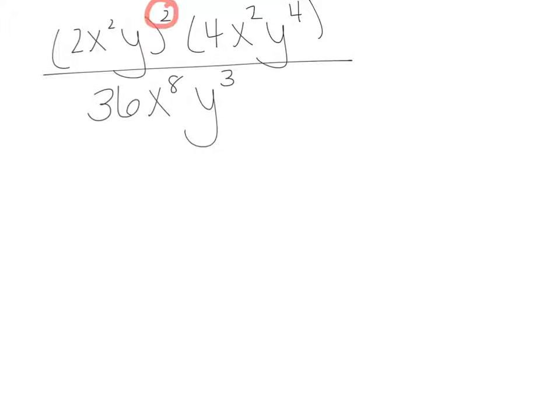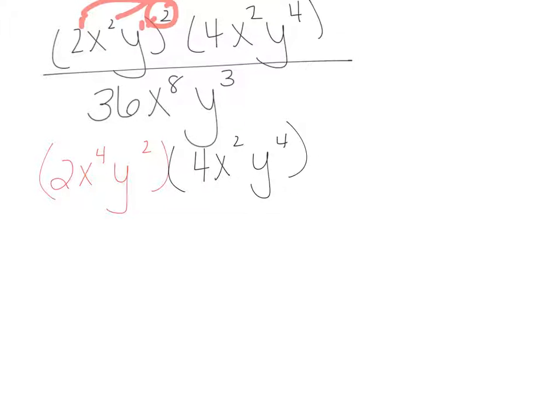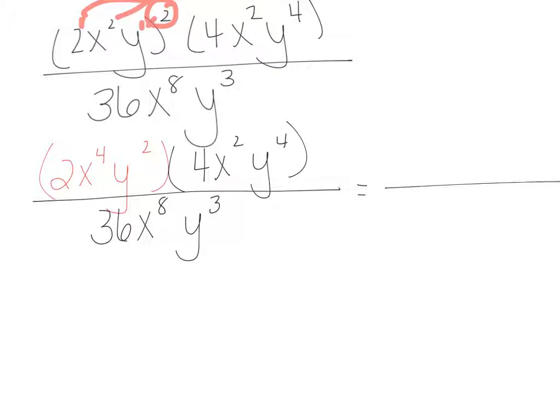So first thing I want to do is distribute. Give that an exponent of 1, an exponent of 1. Distribute, distribute, distribute. I have 2x to the 4th y squared times 4x squared y to the 4th all over 36x to the 8th y cubed. All right, what do I do now? Clean up the top. 2 and 4 are coefficients.